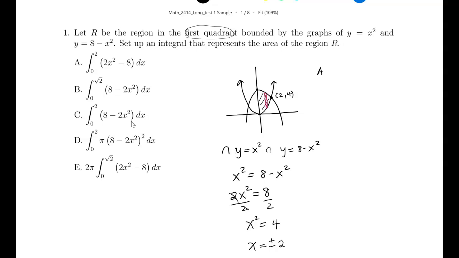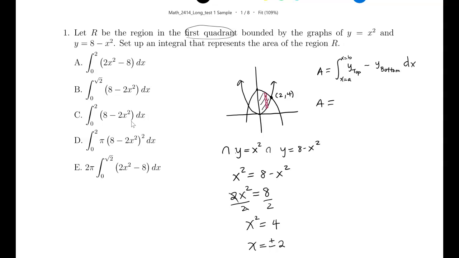So area will just be the integral of the function y in terms of x at the top minus y at the bottom. So the function at the top minus the function at the bottom, and this is with respect to x, with x starting at a to b.